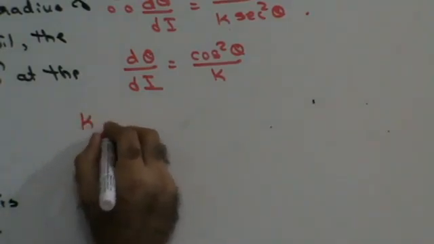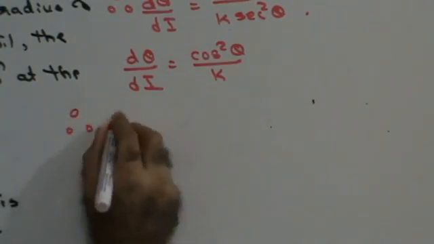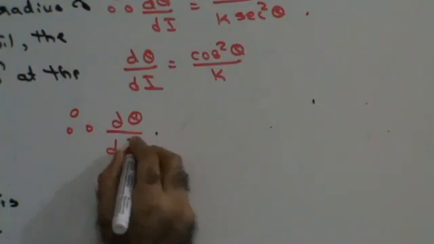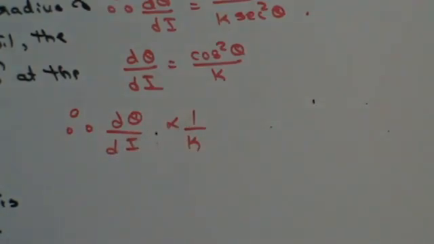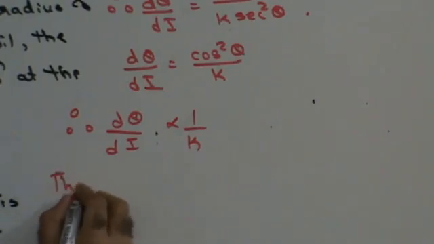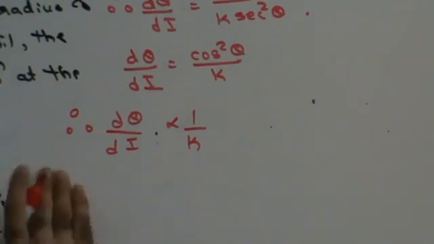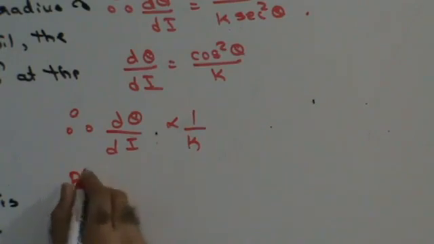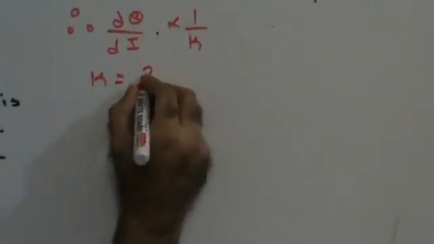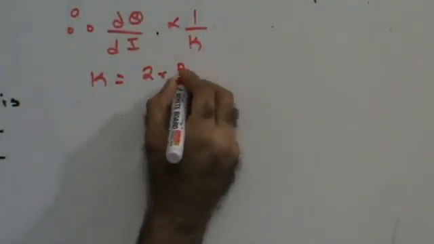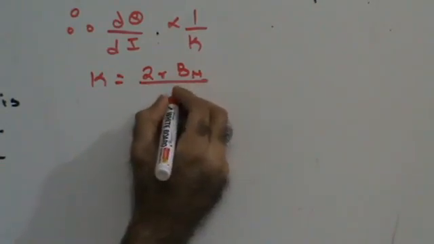Sensitivity, that is d theta by di, is inversely proportional to K. Thus, we have already derived the value of K. We've said that K is equal to 2R BH upon mu 0 n.